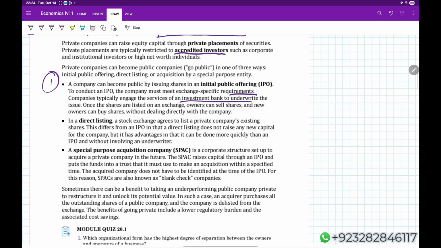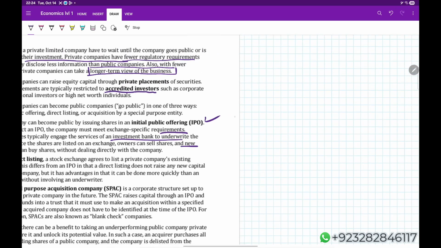So what is the benefit of an IPO to the company? Because I used the word new issue, we raise money. It's just new shares. But the problem with this method is that it is time consuming, as investment bank is involved.